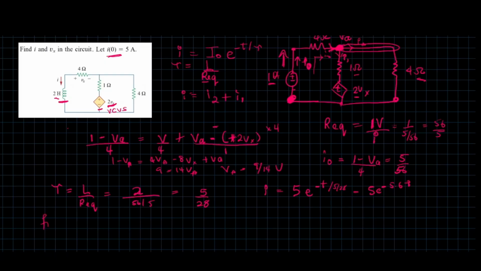And now lastly, we need to find Vx. Vx is actually the voltage across the 4 ohm resistor. And in this case, we know the current passing through this 4 ohm resistor is what? I. You can see it here.